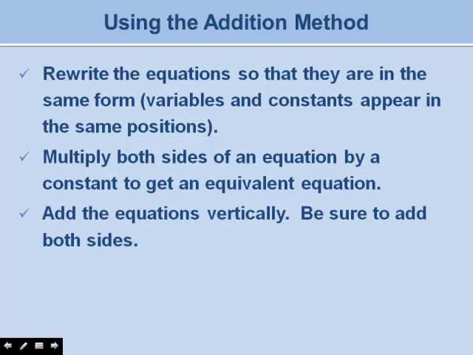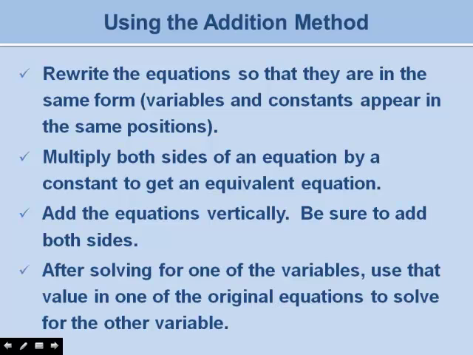Then we'll add the equations vertically, and you do have to remember to add on both sides of the equations. Then with the resulting equation, we'll be able to solve for one of the variables, since one of the variables will have been eliminated. After we solve for one of the variables, we'll use that value in one of the original equations to solve for the other variable.